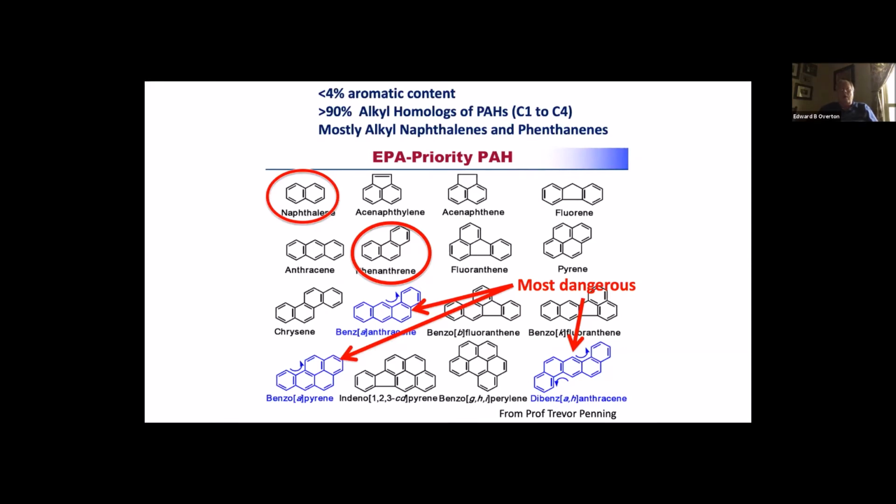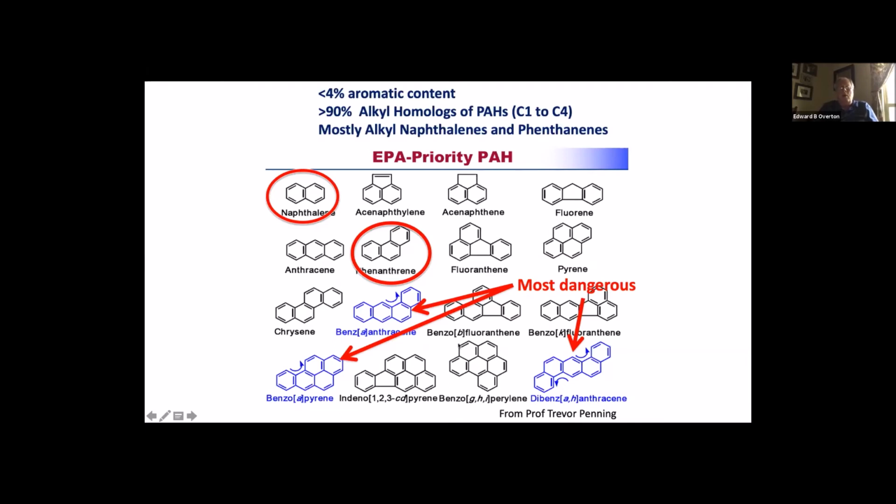So they are known to cause cancer. The first cancer-causing compound ever detected was this compound right here that I'm outlining called benzo[a]pyrene, right? So it is a known human carcinogen, and these are the very dangerous compounds.